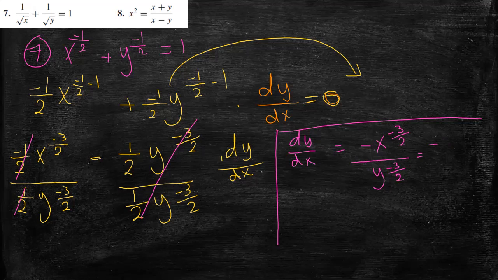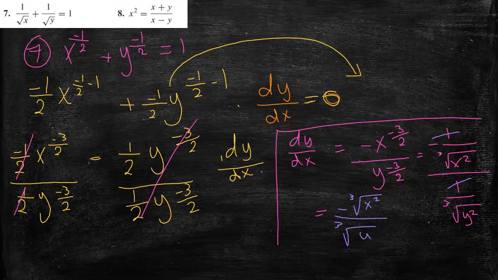Negative 1 over cubic root of x squared over 1 over cubic root of y squared. Then they cancel each other, so it comes like negative cubic root of x squared over cubic root of y squared.